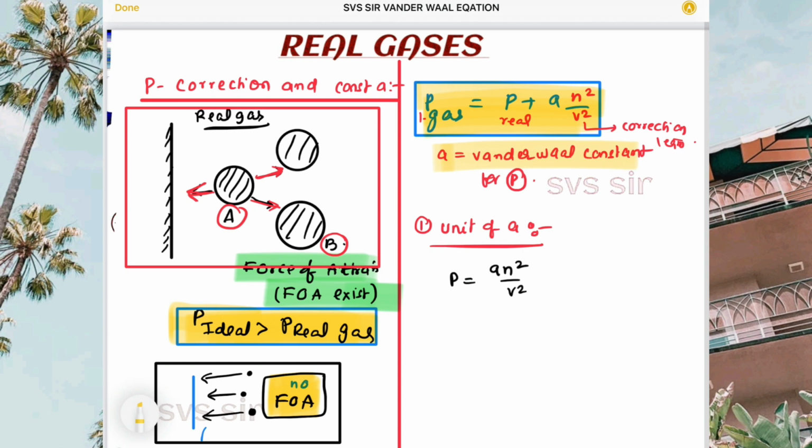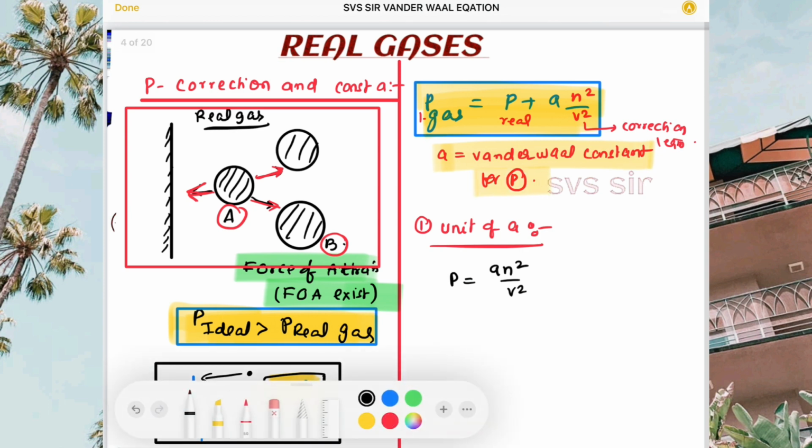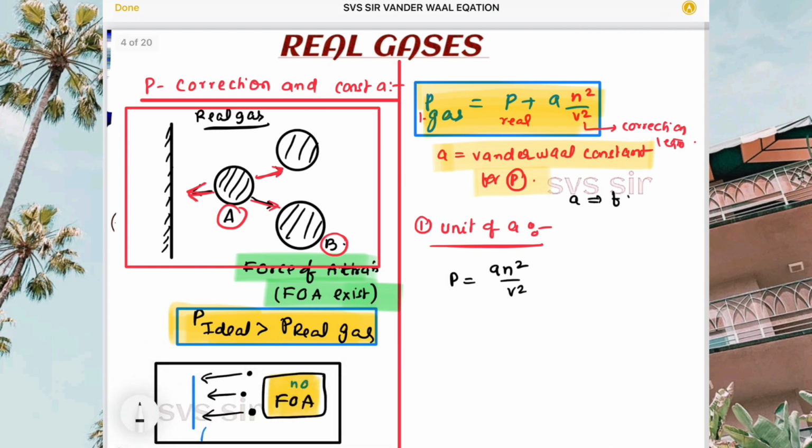a is called van der Waals constant. So what is a here? a represents force of attractions. a is nothing but force of attraction. This is the question asked in 2018.